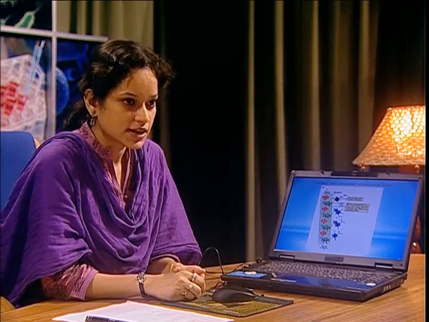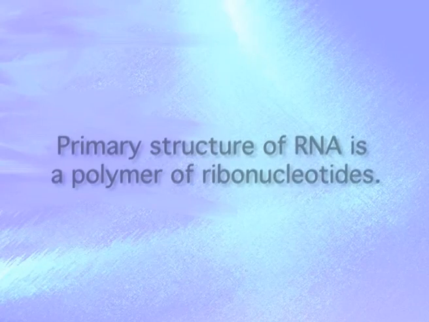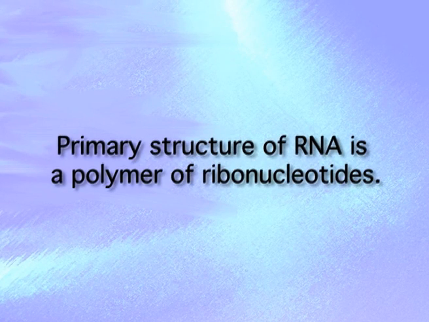Now let us move to the different structures of RNA, or the structures which it can adopt. So first let us move to the primary structure. Now after knowing about ribonucleotides, we can say what the primary structure is. The primary structure of RNA is a polymer of ribonucleotides.